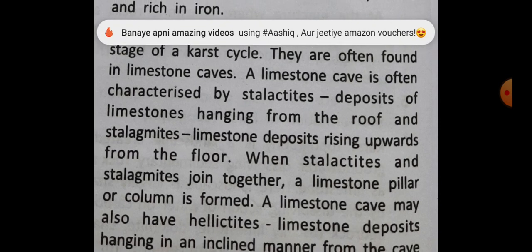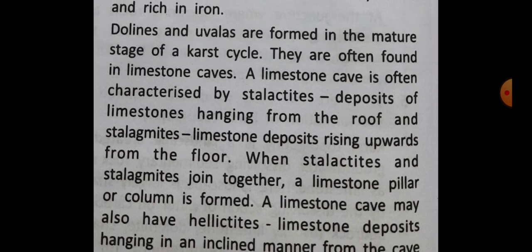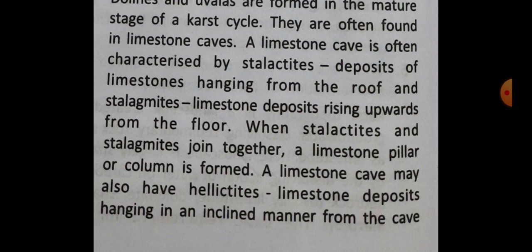They are often found in limestone caves. A limestone cave is often characterized by stalactites, deposits of limestone hanging from the roof, and stalagmites, limestone deposits rising upward from the floor. When stalactites and stalagmites join together, a limestone pillar or column is formed.